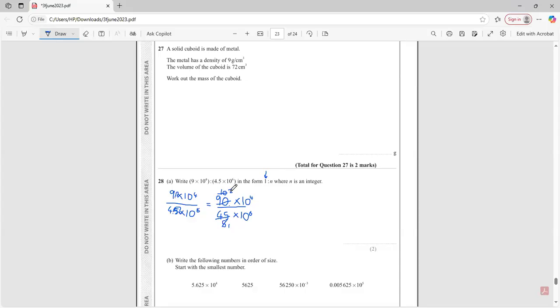Now for 2 to be able to cancel itself, it means that 2 will have to interact with one of the tens in 10 raised to power 6.